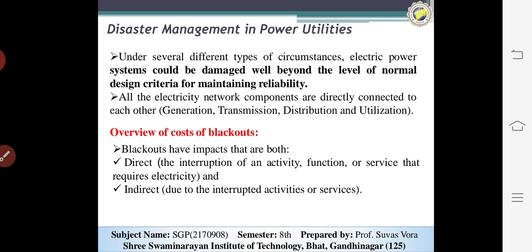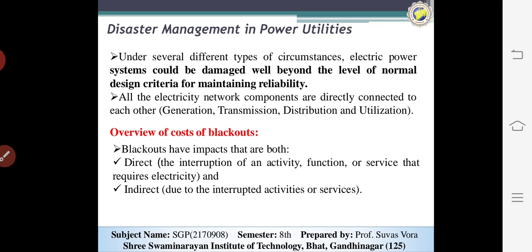Now, an overview of the cost of a blackout. A blackout has impacts that are both direct and indirect. The direct impacts include food spoilage, damage to electronic data, and inoperative life support systems in hospitals and homes.